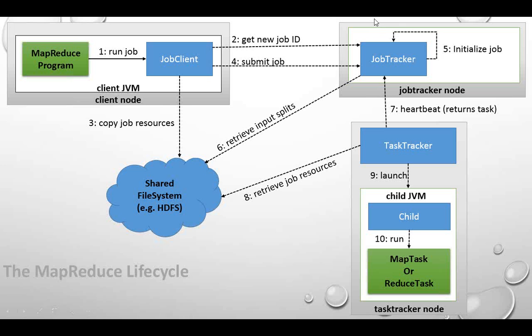Now the next step is to understand how this MapReduce program works in the cluster. Here I have an example in the flow. As you can see, we have a MapReduce program that you have run. I have run this job. It goes to the name node.